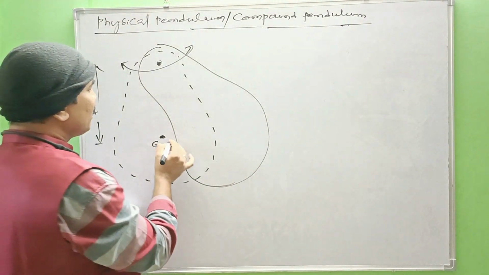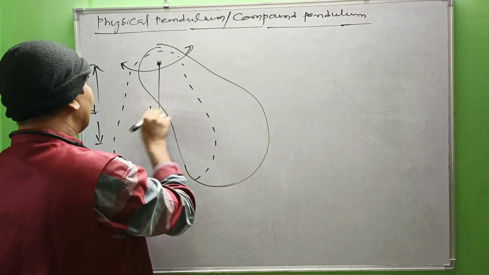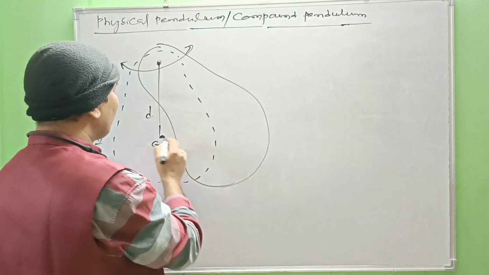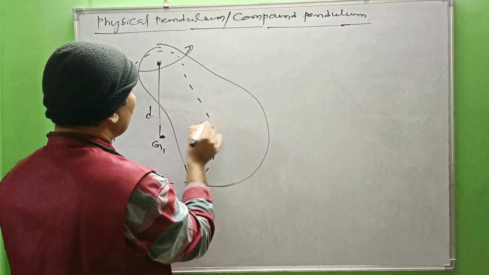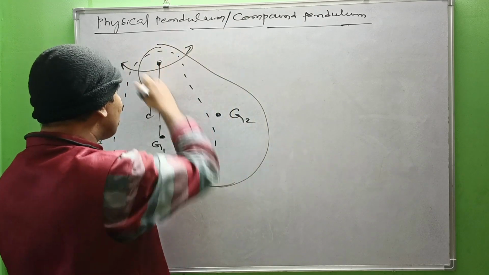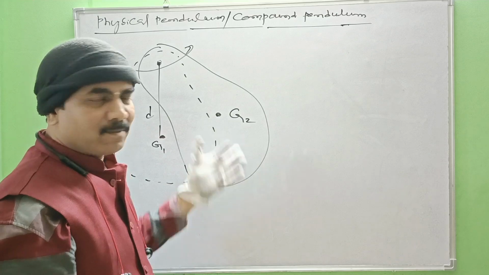This distance is D. Now, during its oscillation, definitely the center of gravity rises through some amount. Let G2 be the position of the center of gravity of the same rigid body for this orientation.